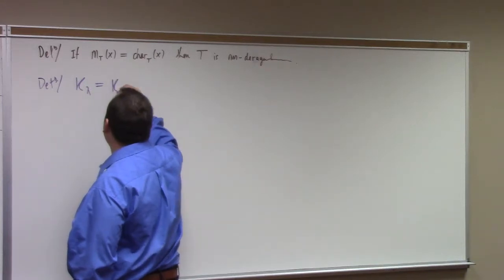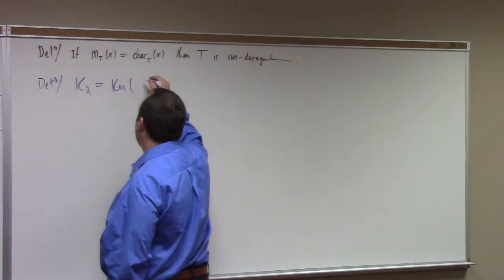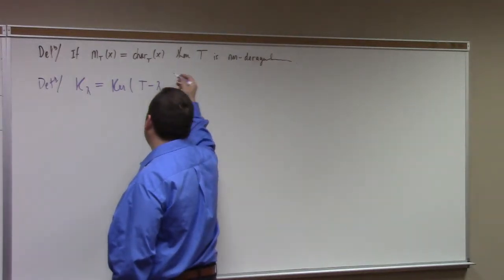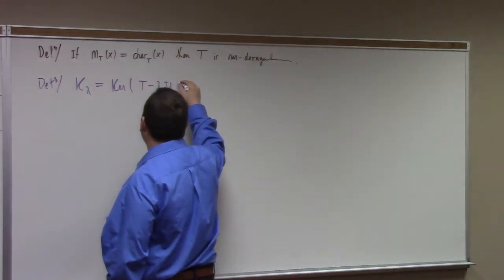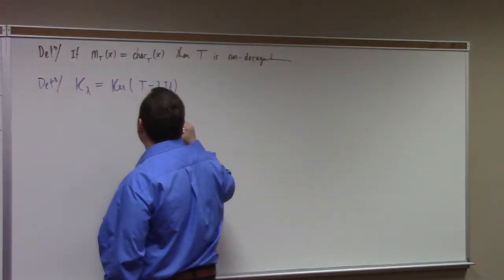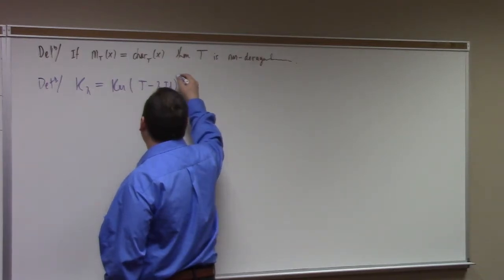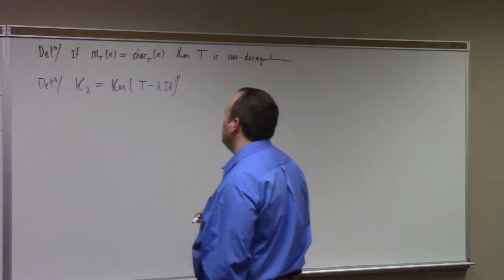This is the kernel of T minus lambda times the identity, and this is where I forget what I did exactly, but something like this to the power p.